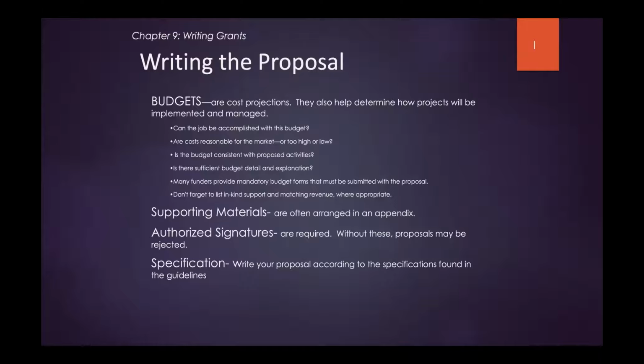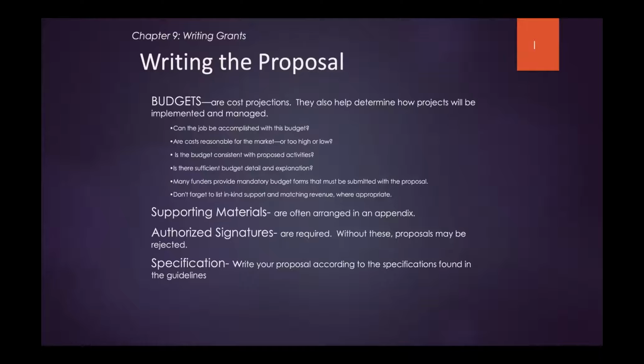If you are adding personnel, they might ask how much this is a benefit for these people, how many hours. So there would be lots of things that you have to put in there. So larger organizations might have the help of an accountant to look at these spreadsheets and make sure that everything makes sense.